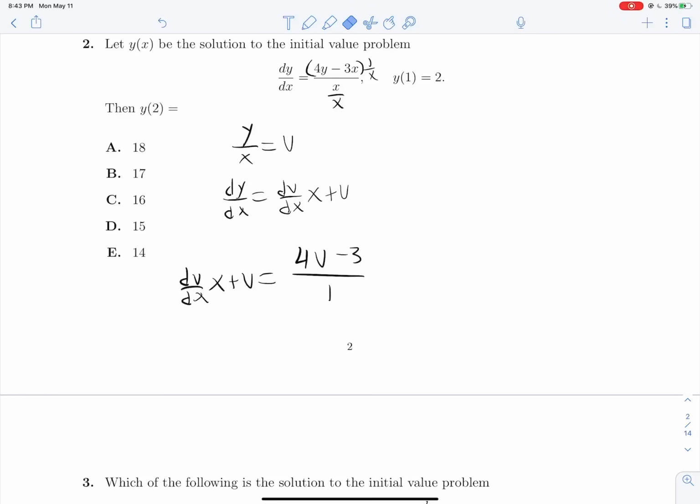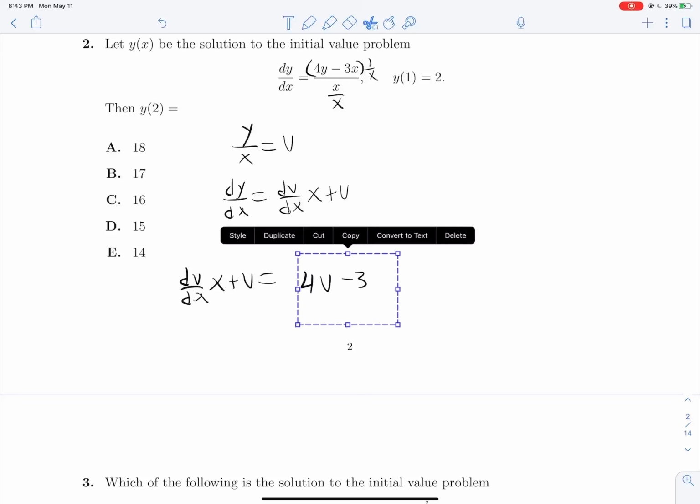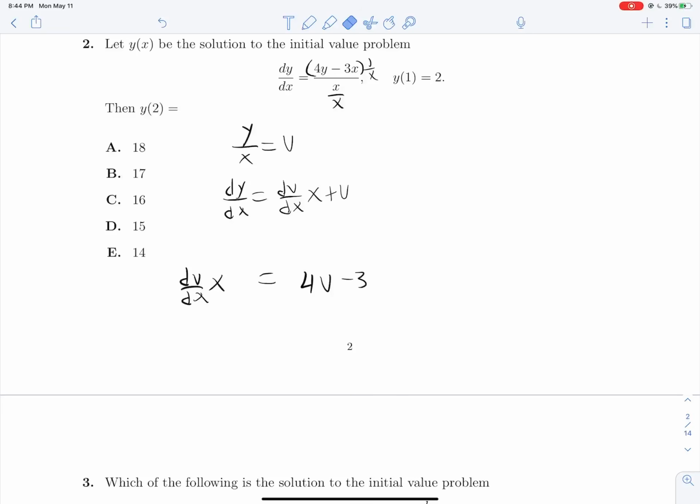Okay, that's pretty perfect. That simplifies out nicely. So what can we do now? We'll subtract this v from that side. We have 3v minus 3 now, and we are ready to separate our variables. It looks like they're pretty separated now.